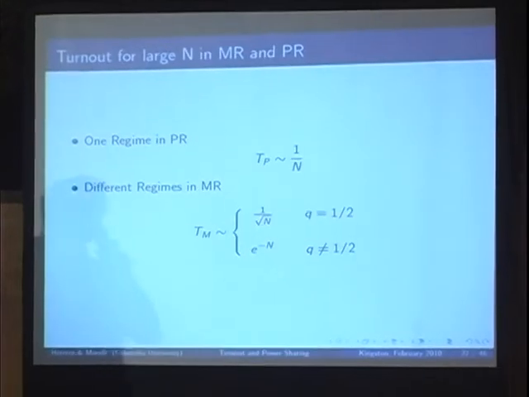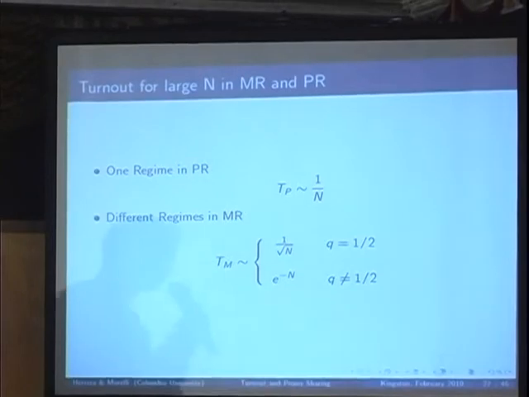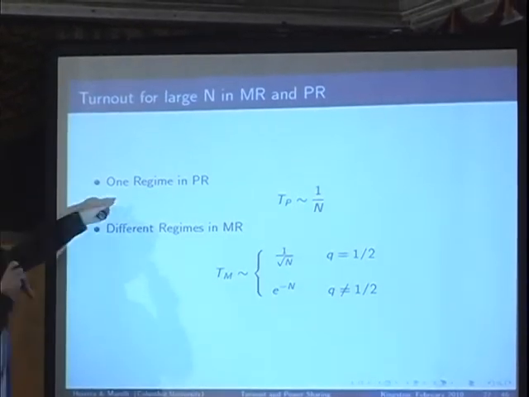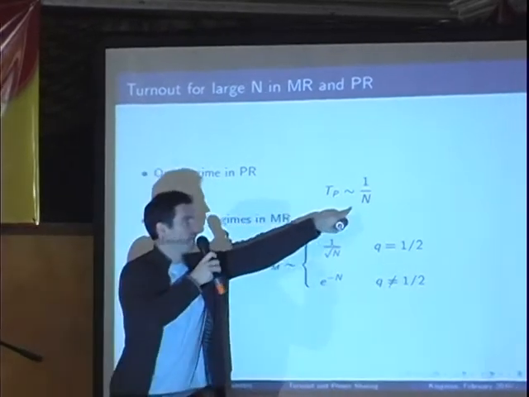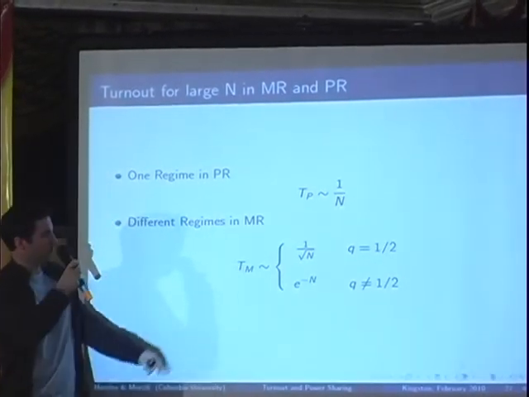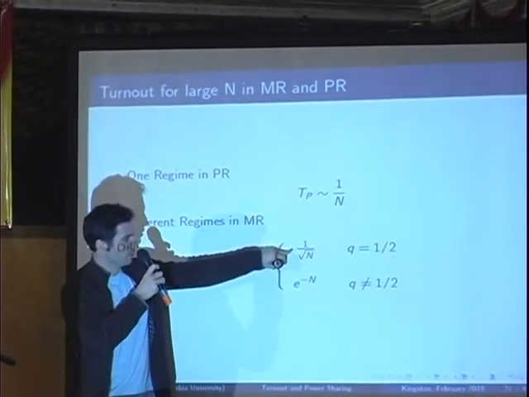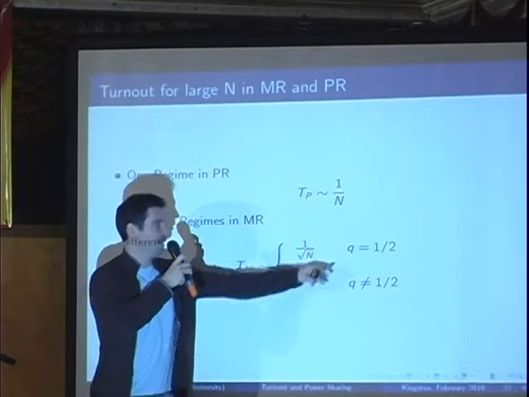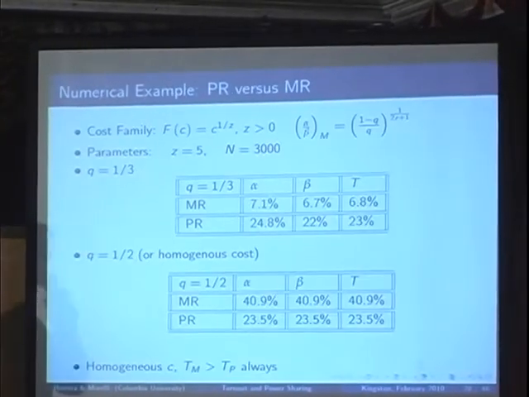So what we have is that if we want to compare turnouts, which is our goal, in the proportional power sharing regime we have an intermediate decline, and with the majority we have a slower decline when it's an even election, and a very fast decline when it's an uneven ex ante election.